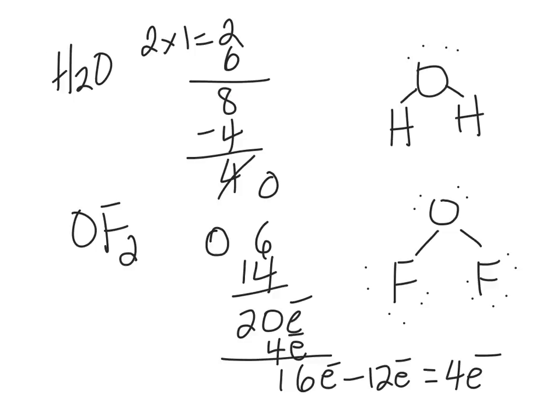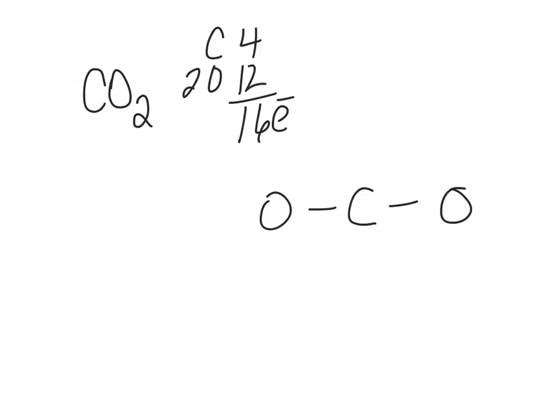CO2. Carbon's got the highest combining capacity, so it's in the middle. Next step says subtract your bonding electrons. 2 bonds, 4 electrons. So we have 12 electrons left.